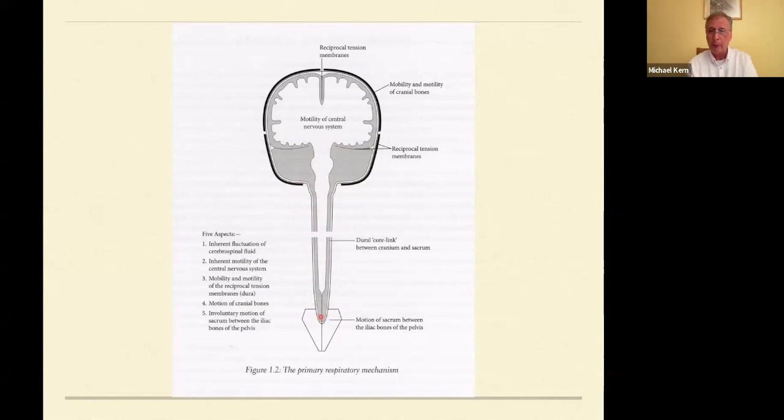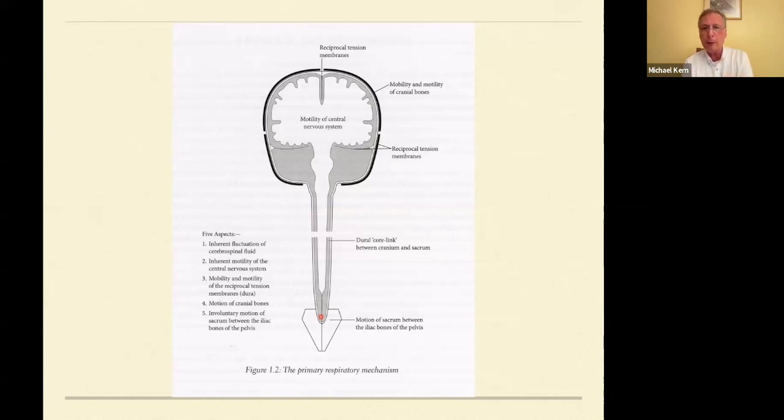of the spine. So he saw that there is also a movement, an involuntary movement, as he described it, that takes place at the sacrum that is in some way connected to the movements that he was discovering within the head. So he described this as a kind of integrated physiological system. He referred to it as the primary respiratory mechanism.